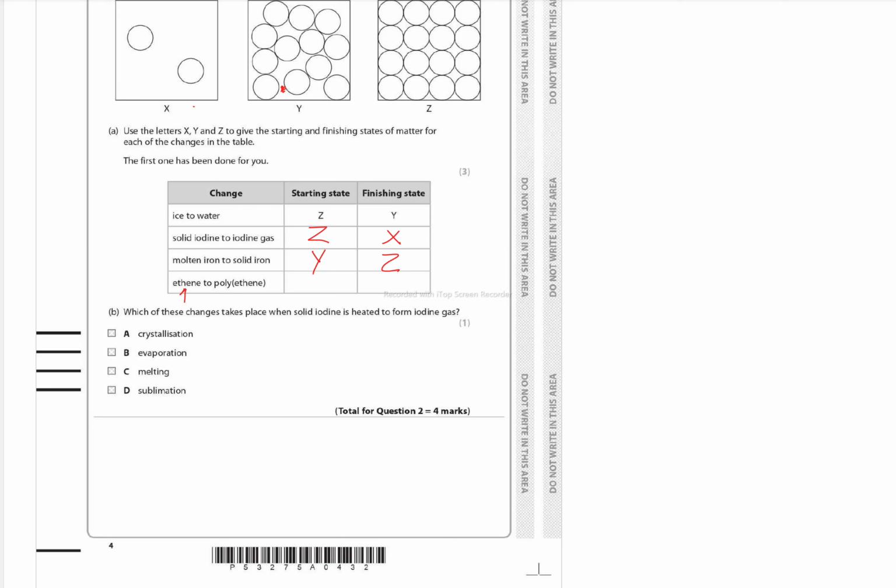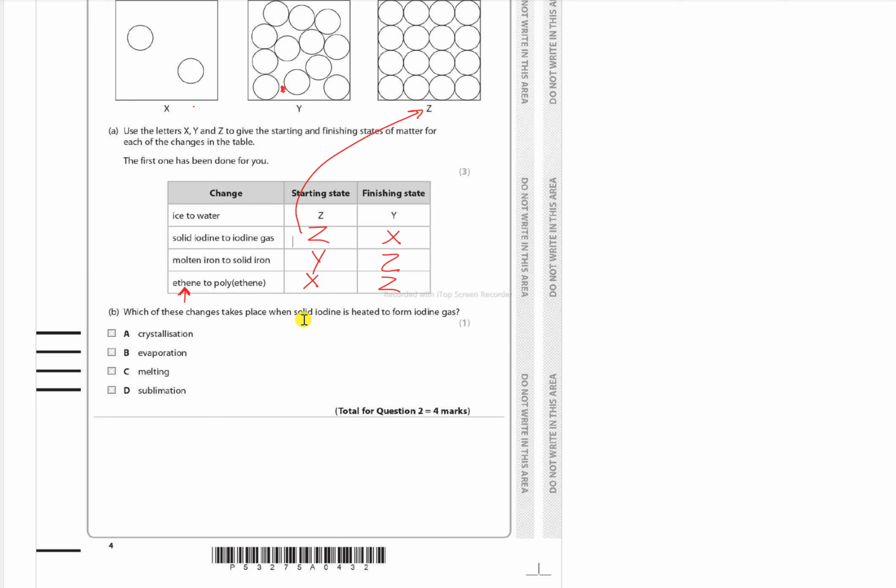Ethene is a hydrocarbon, an alkene, so that will be a gas. Do you know when you're doing hydrocarbons and fractional distillation? And it goes to polythene. Polythene is a solid. Make bags out of it. So all they're saying is link it back to that.